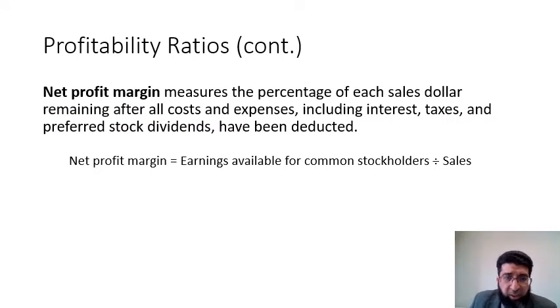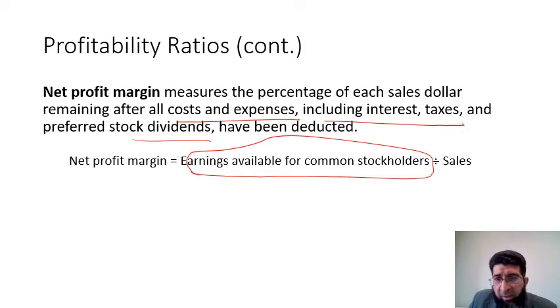Net profit margin measures the percentage of each sales dollar remaining after all the costs and expenses, including interest, taxes, and preferred stock dividends, have been deducted. So everything is gone, only earnings available for common stockholders divided by sales.